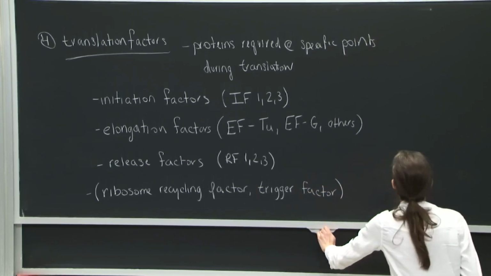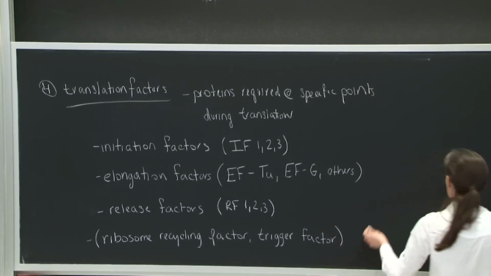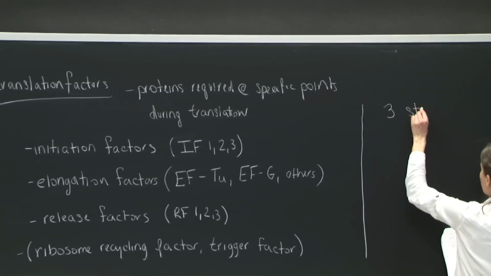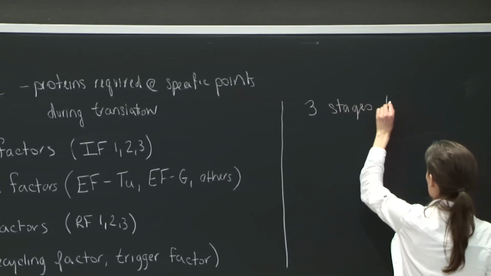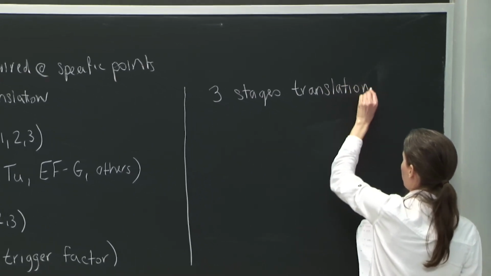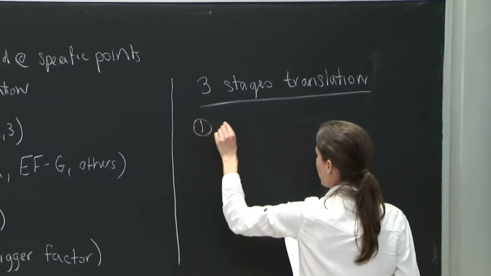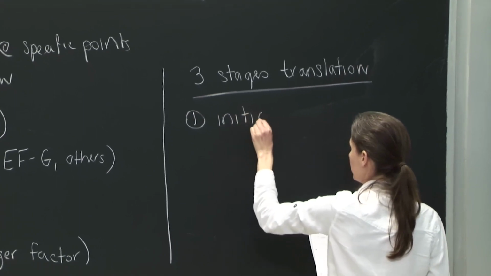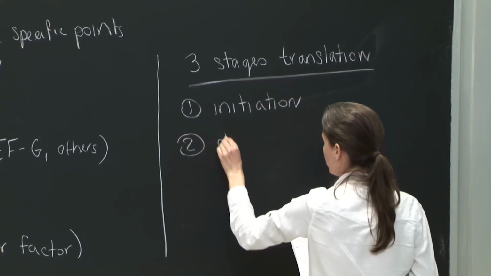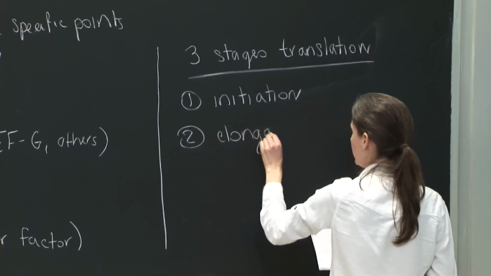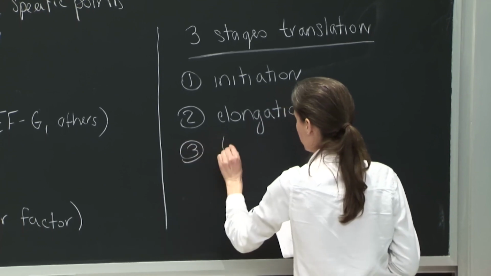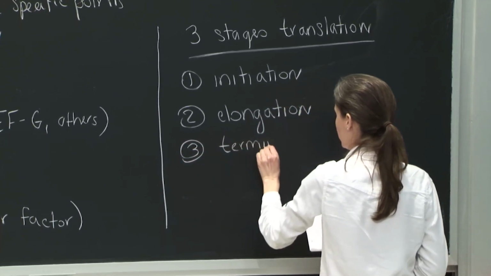Okay, and then just to summarize, in terms of 3 stages of translation, as I'll present them to you within this course, we have the initiation process, 2, elongation, and 3, termination.